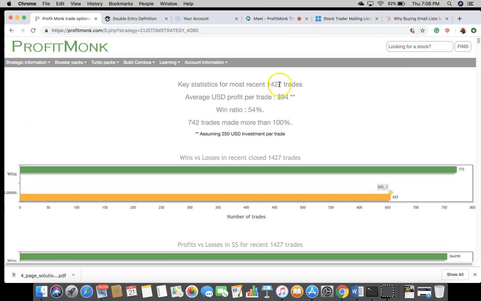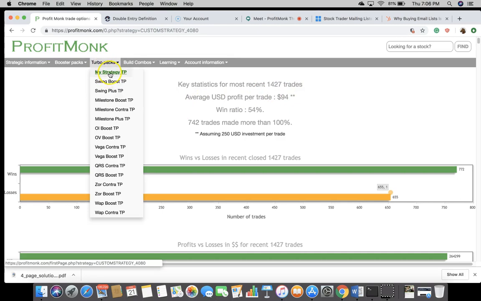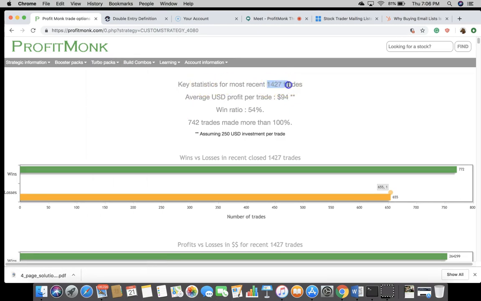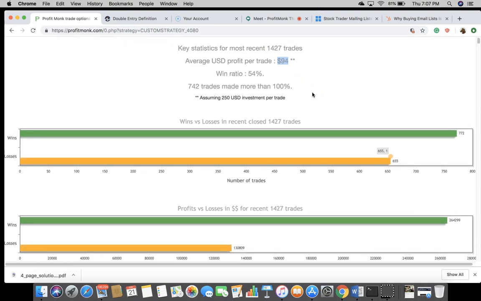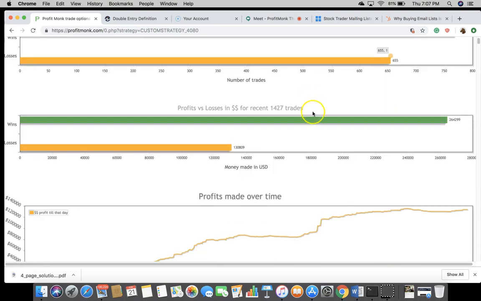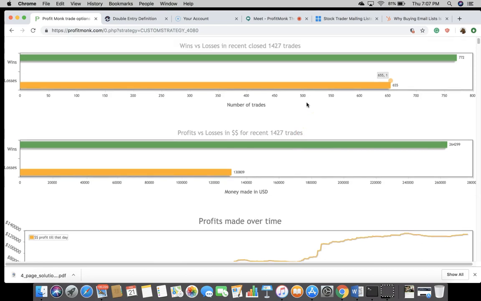And so eventually the numbers that you see, and this is for TurboPax again, default strategy, is that you have made about 1,400 trades over the last 2 years or so, where every trade you would have invested $250 or thereabouts, and the average gain is about $94 if you had followed this strategy of buying and selling.